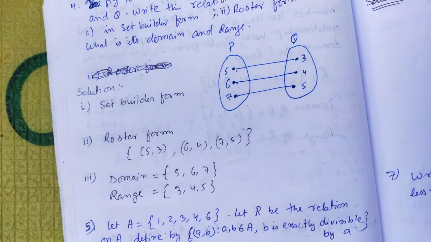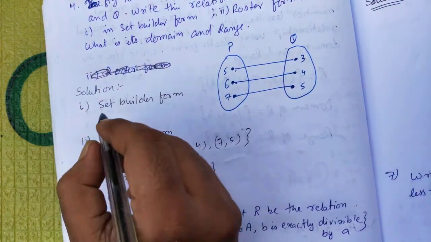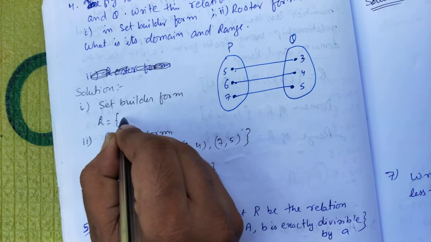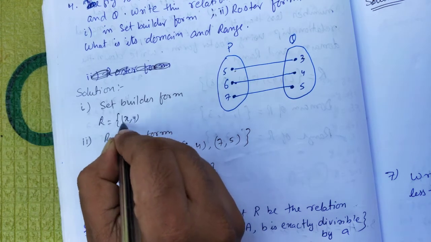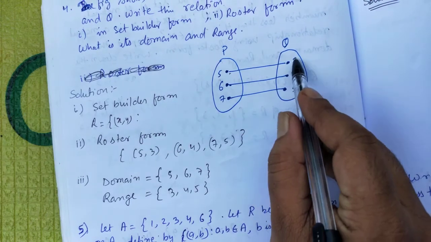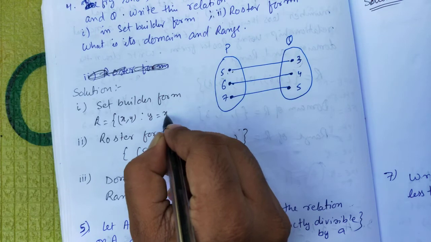Now set builder form. You'll see that we can write R equal to... you'll see that this y is 2 less than x. So we can write y is x minus 2.